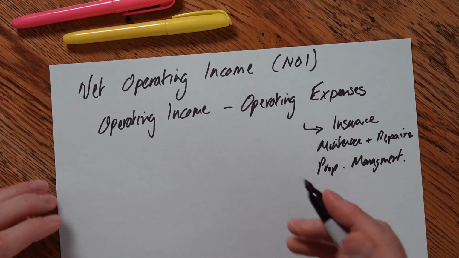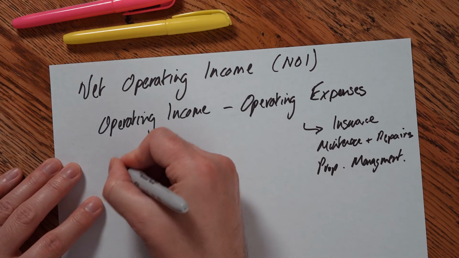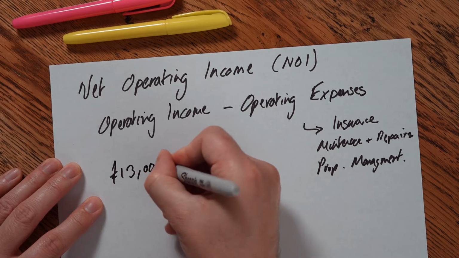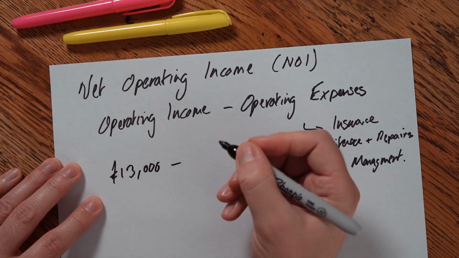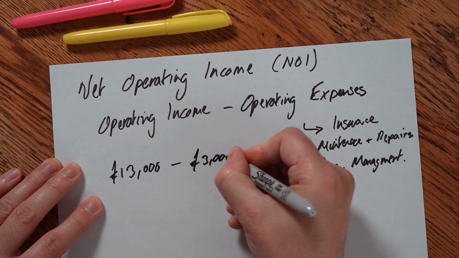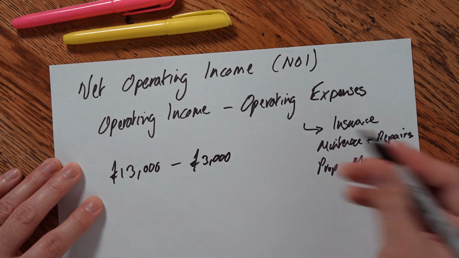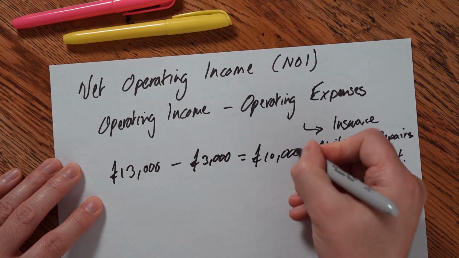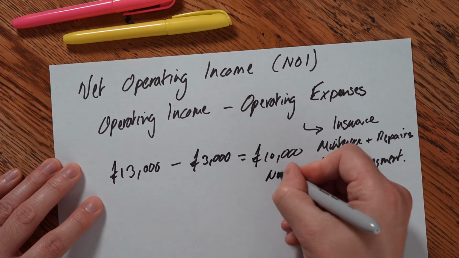So an example would be, you've got an income of £13,000. You take away your operating expenses for that property, say that's £3,000. That will then leave you with £10,000 NOI.